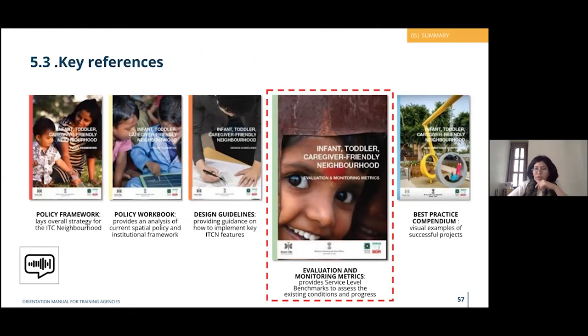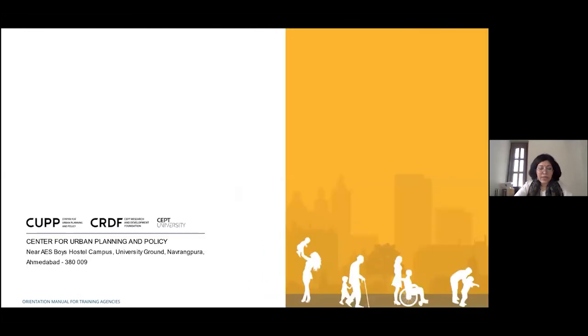And today's module was essentially about that. How do we look at data? What is the performance measurement for more evidence-based decisions, right? So this is the key reference. I think this will have been shared with you, or we will share it with you once again with this module, so you can go into detail. So I'll just stop my presentation there, and if we have any questions, we can take them. Thank you, everyone.